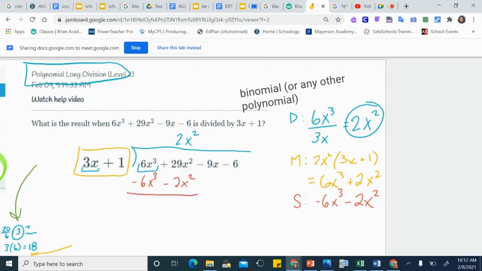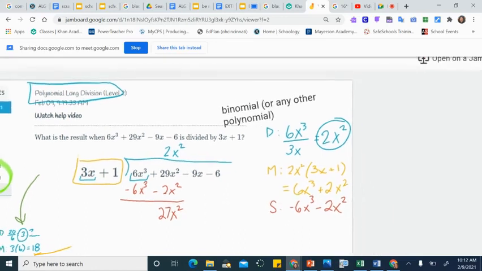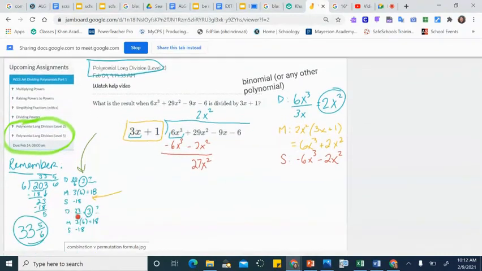And then see what we get. Well, the x cubes cancel out, 6 of them minus 6 of them. 29 minus 2 x squared is 27 x squared. Awesome. Step 1.